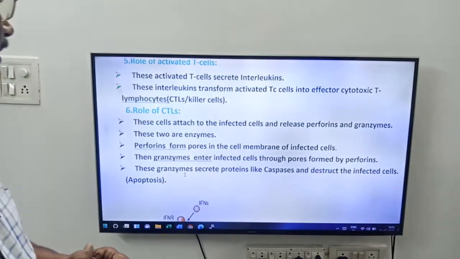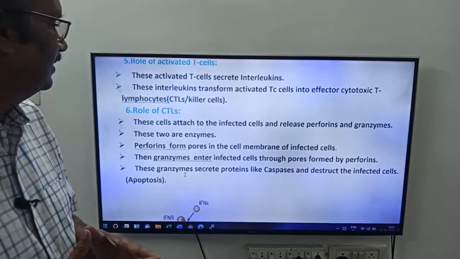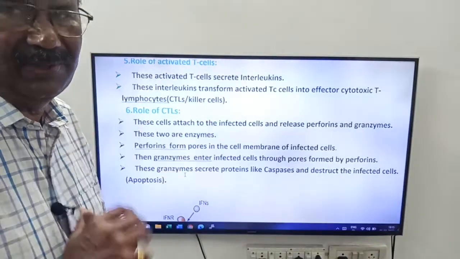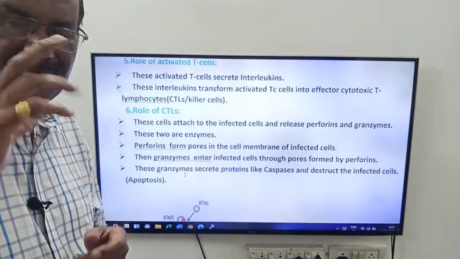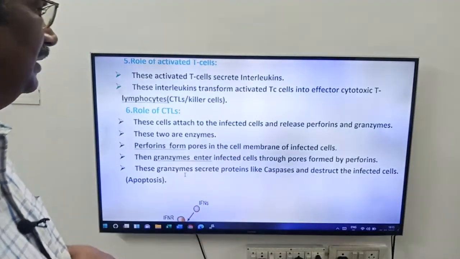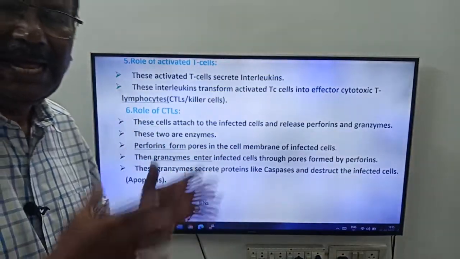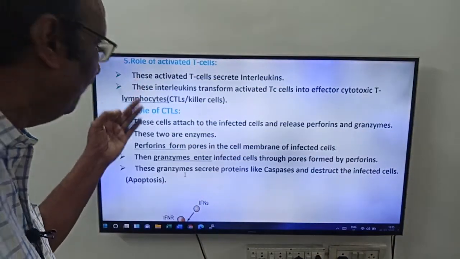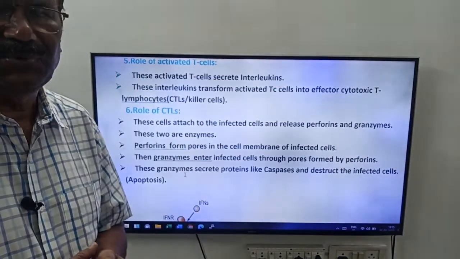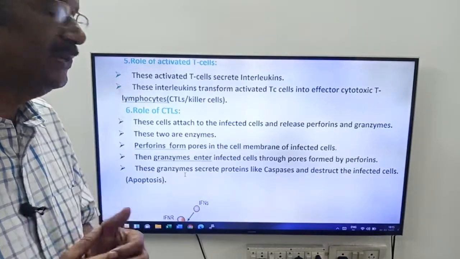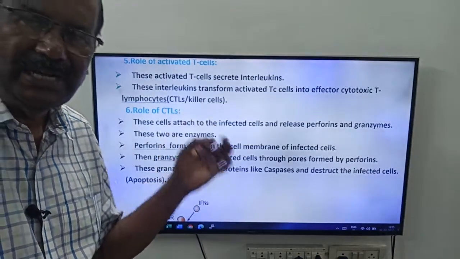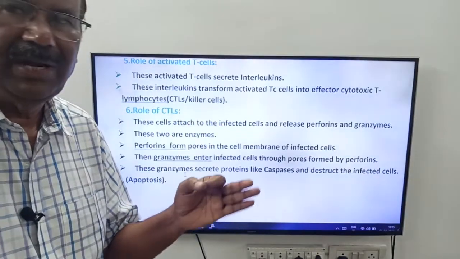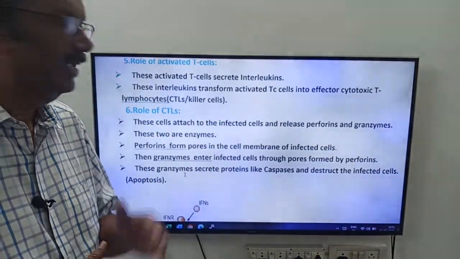First point, friends: these interleukins transform activated T cells into what? Effector cytotoxic T lymphocytes, CTLs, or you may call them killer cells.